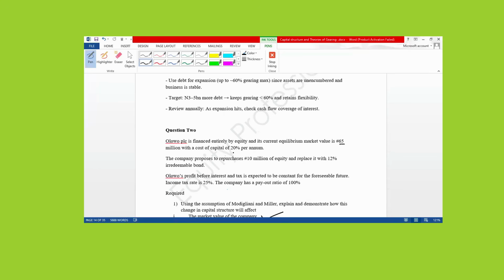The only capital Olowo has before was just equity. So its cost of capital is also its cost of equity capital. And the company is ungeared. That 20% is the cost of equity of an ungeared. We pick that. The cost of debt, 12%.